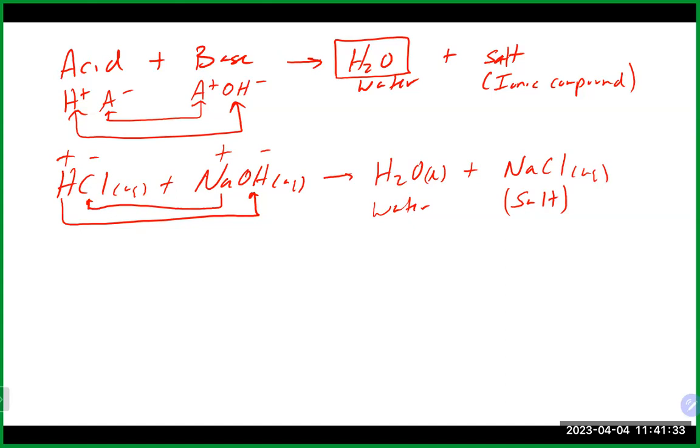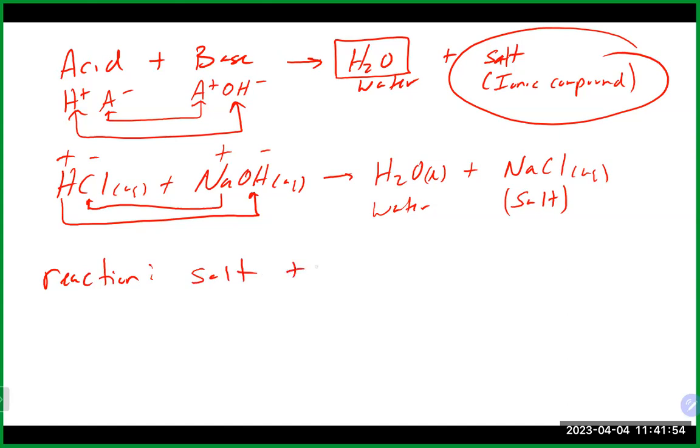Now, the issue here is that the salts that are being formed can actually affect the pH of a solution depending on where they come from. And what can happen is we could get a reaction that could occur between the salt and water, because frankly, that's the other thing that is present at that point in the reaction.